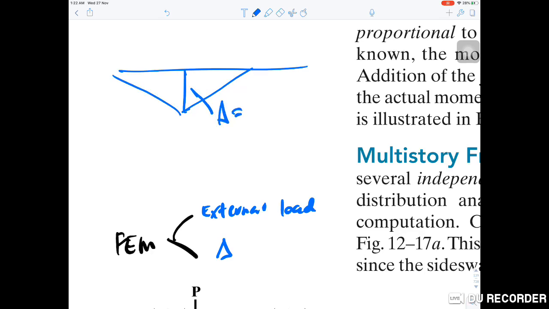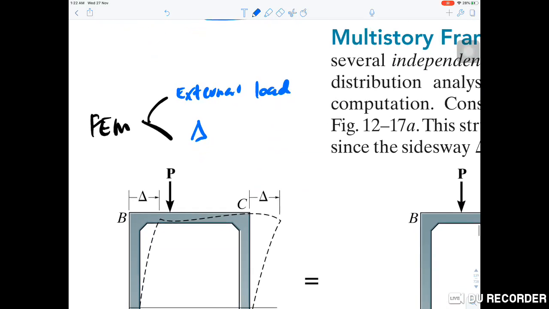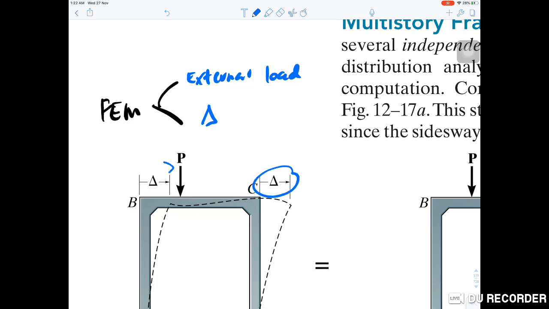So the delta is given for a beam, but what actually happens here is that the delta in a frame is not given in the question.